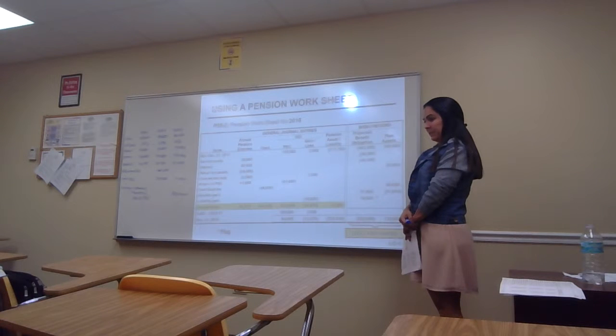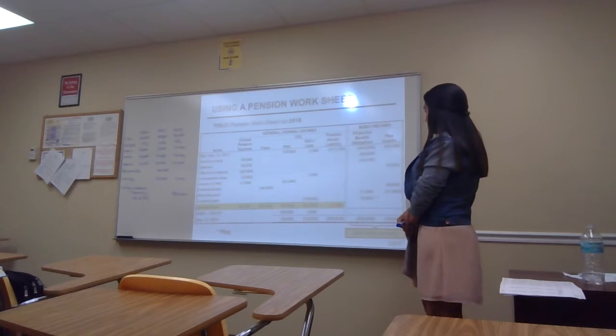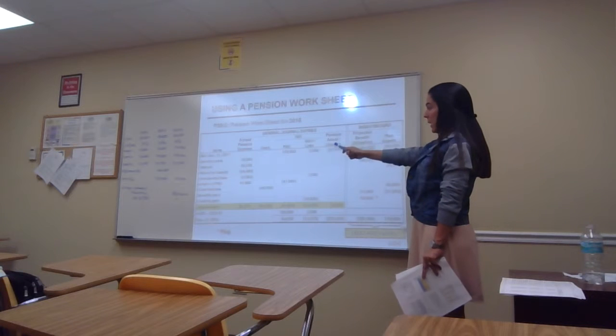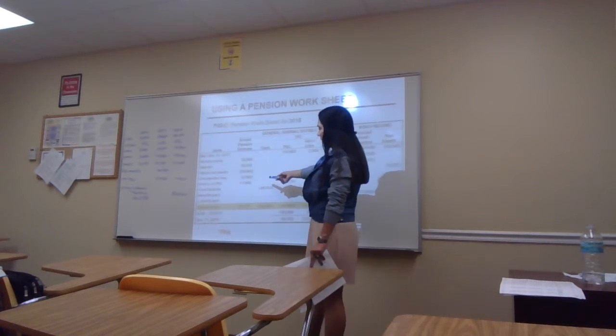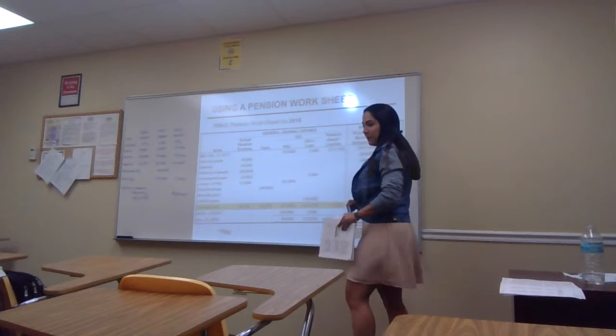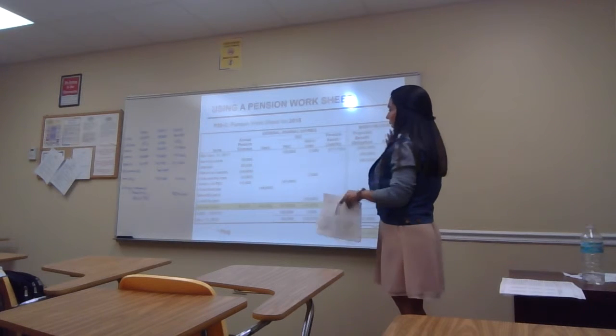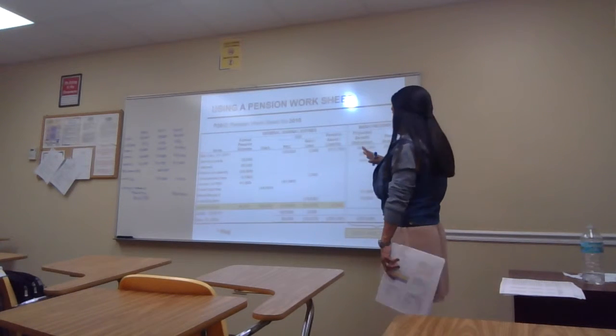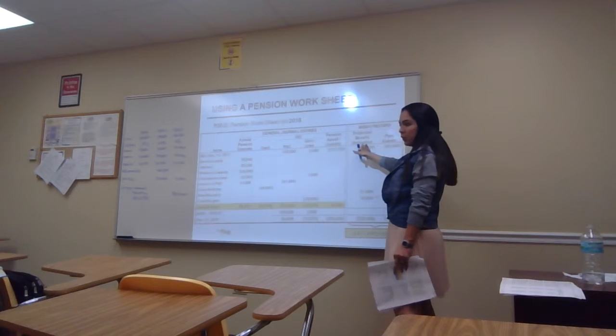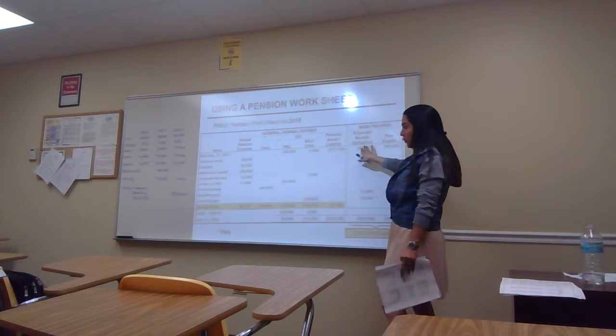Oh, then I don't have to add 26 to that? That's not that row, that's unexpected loss, okay? So just start memorizing these things. Interest is always off of your beginning balance of your projected benefit obligation.